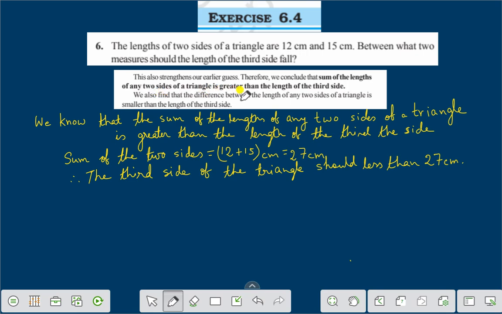This is the first one. And the second one is that the difference between the lengths of any two sides of a triangle is smaller than the length of the third side.